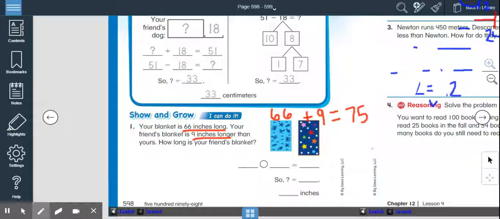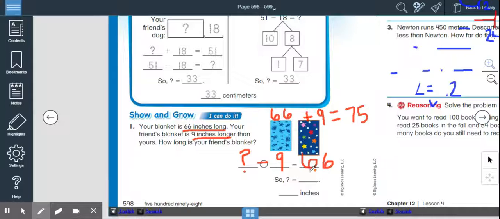But it also wants you to know how to solve this using subtraction. So I am going to put a question mark here because we are unsure how long our friend's blanket is. So what minus 9, because it's 9 inches longer, is 66? So what take away 9 equals 66?